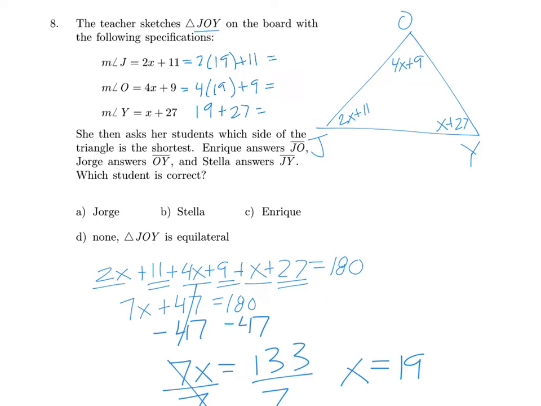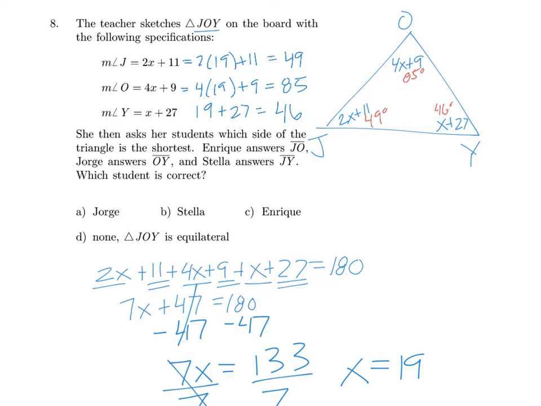So after these calculations, J will be 49 degrees. O is 85 degrees. And Y is 46 degrees.